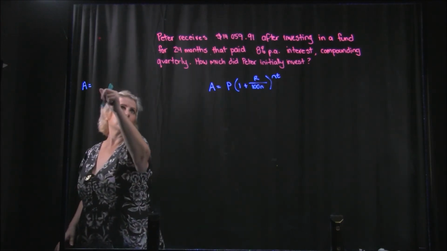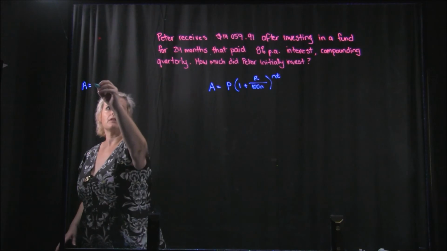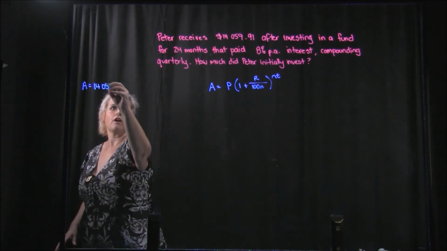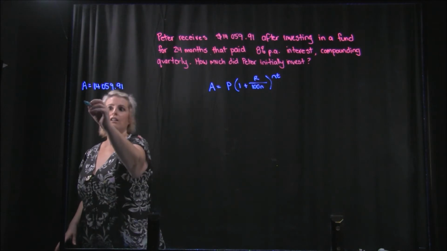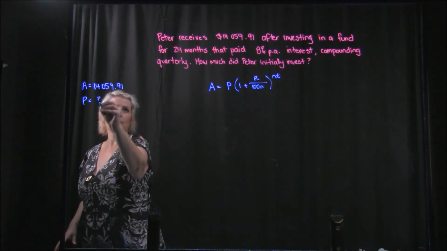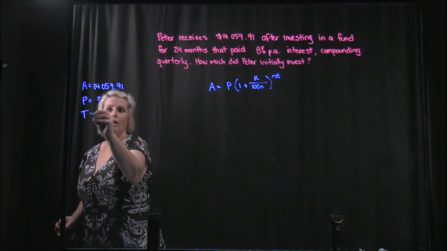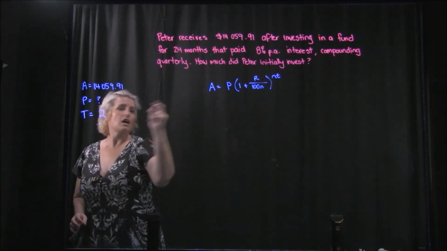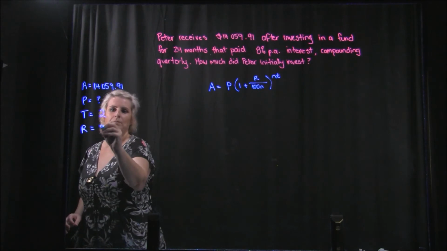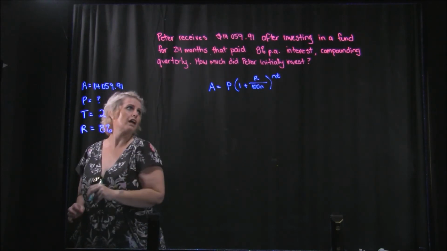So amount, yep, he receives $14,059.91. Principal, we don't know how much he invested. Time, 24 months, so that's 2 years. Rate of 8% per annum.